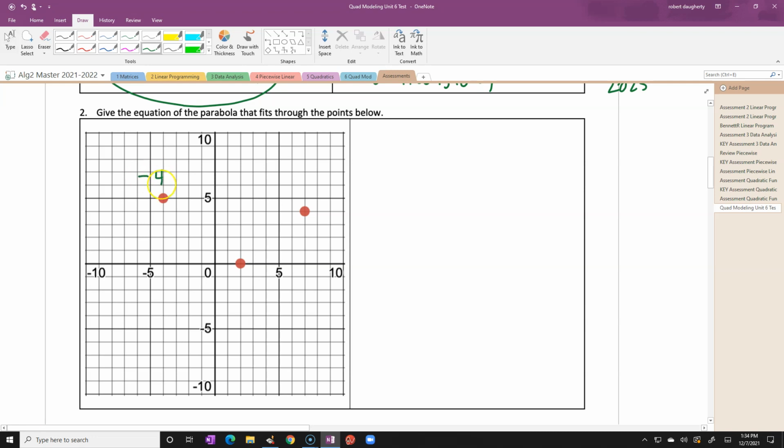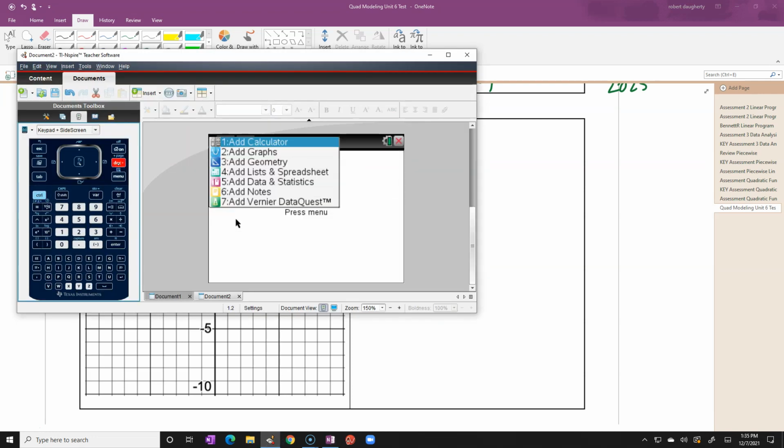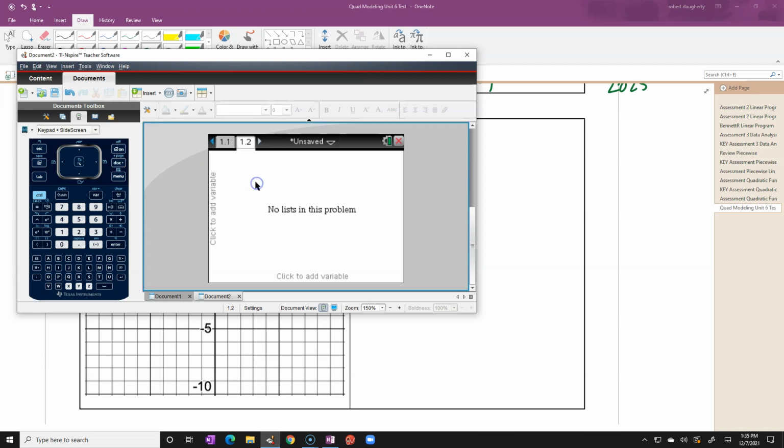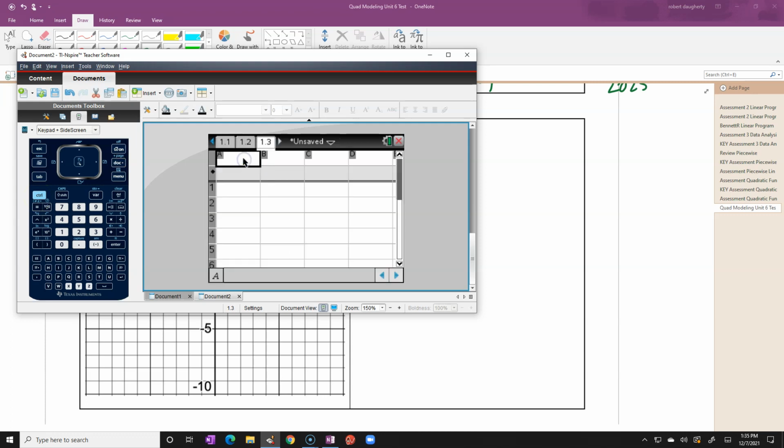This is negative 4, 5. This is 2, 0. And this is 7, 4. Well, we learned how to do that last unit and this unit, how to find a model given data points. So what I'll do there is I will create a new data and statistics, create a new list and spreadsheet.